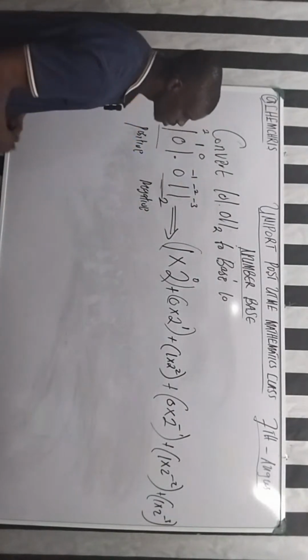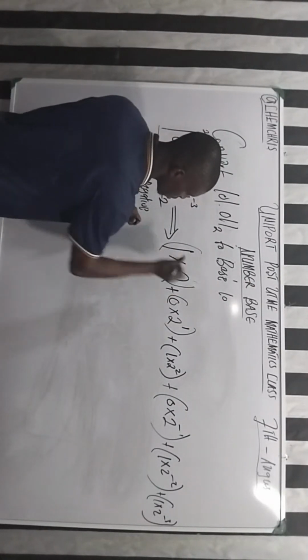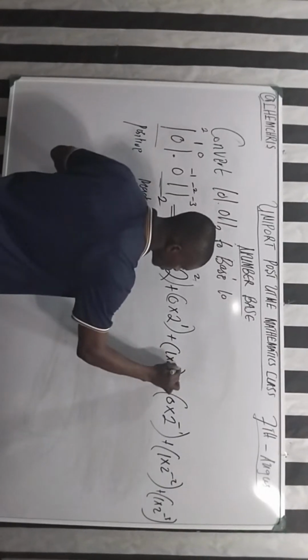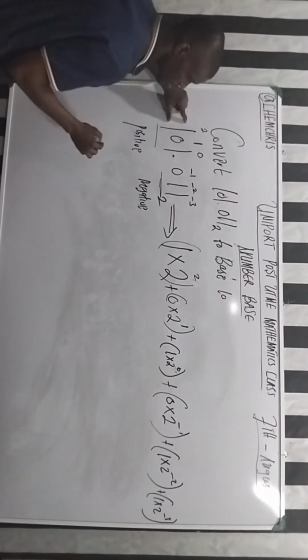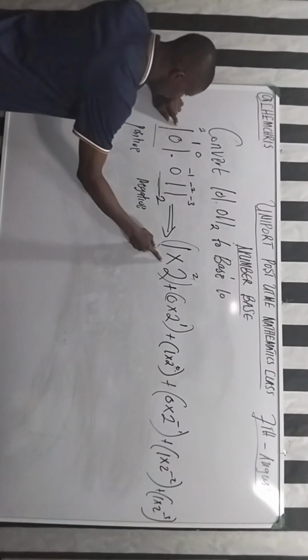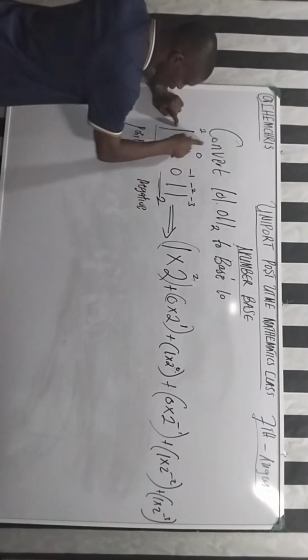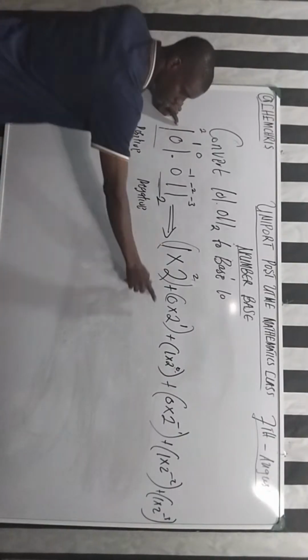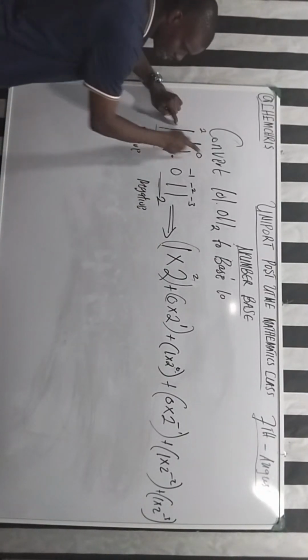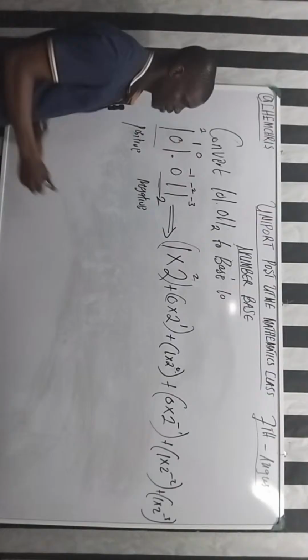So here is 2, and here is 0. Remember, we start from here, right? So 1 times 2 raised to the power 2, plus 0 times 2 raised to the power 1, plus 1 times 2 raised to the power 0.